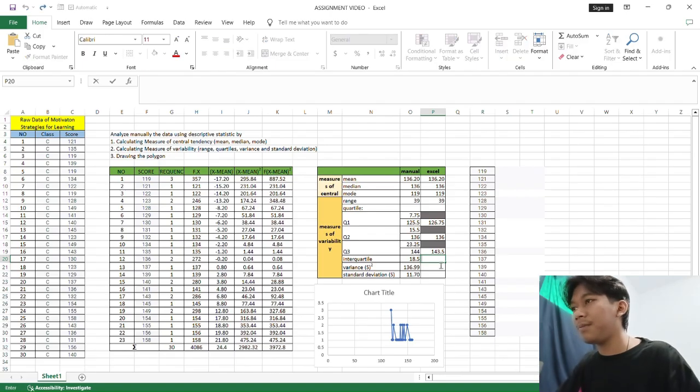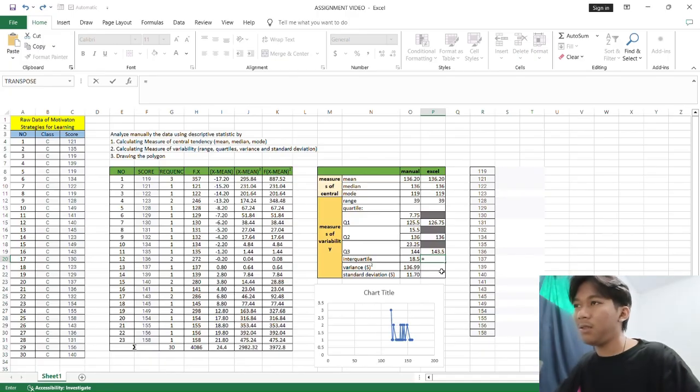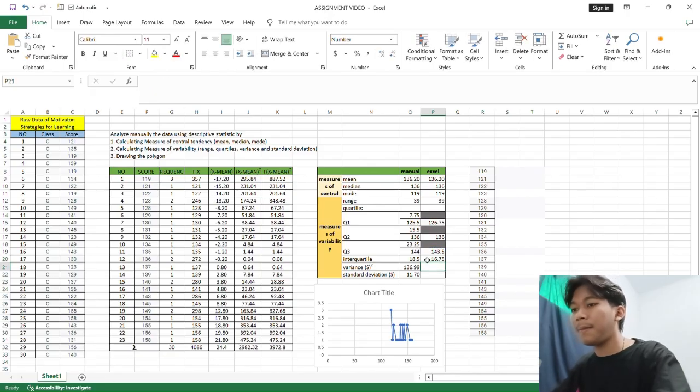There we go. Then for the interquartile range, there's no function to do it automatically in Excel, so we're just going to do it manually. So it's going to be like this.